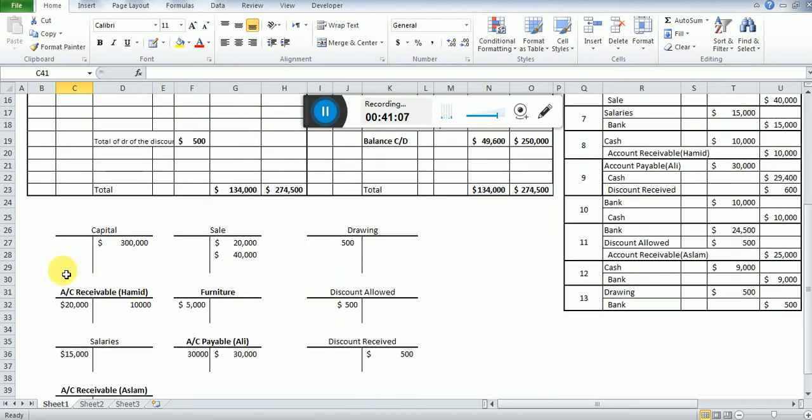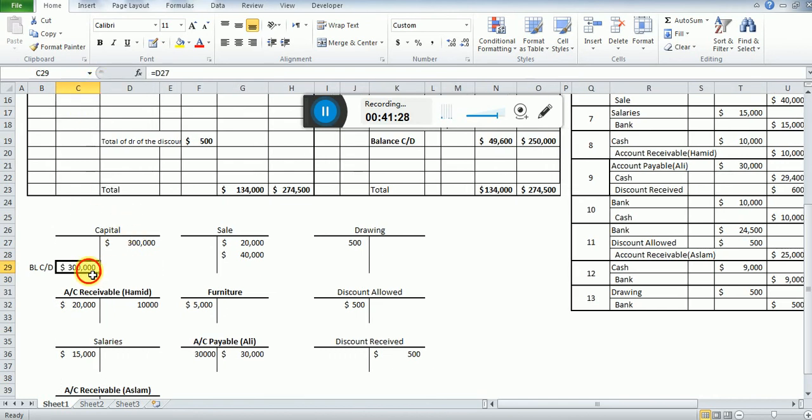Very easy. You can just compute the balance. Okay, the balance c/d, this is the balance c/d. So the balance is equal to $300,000 here. This is the balance we have, and how much is the balance here?